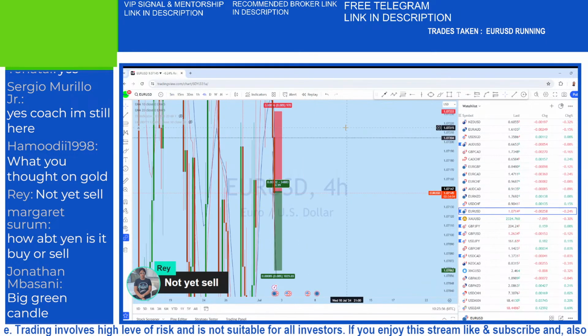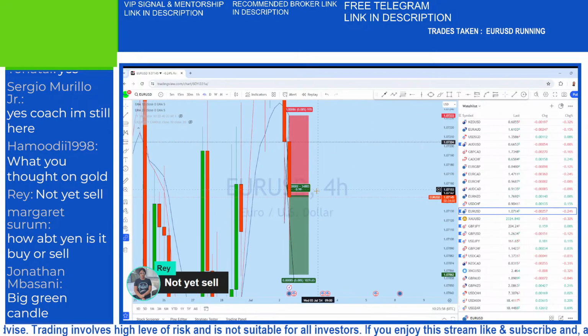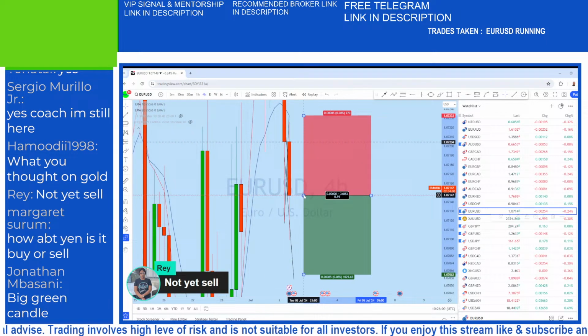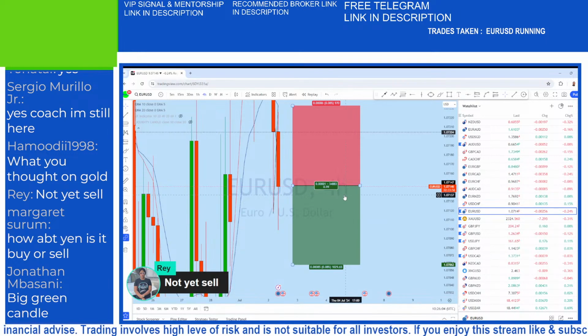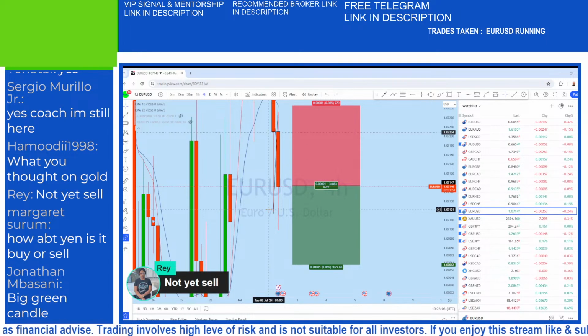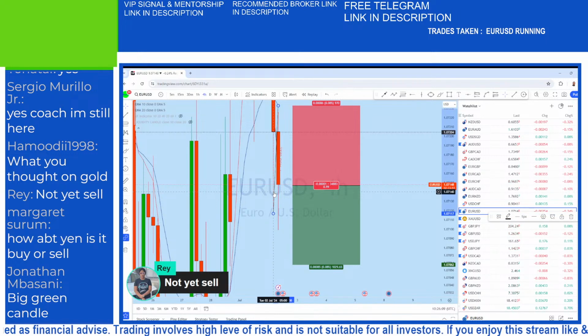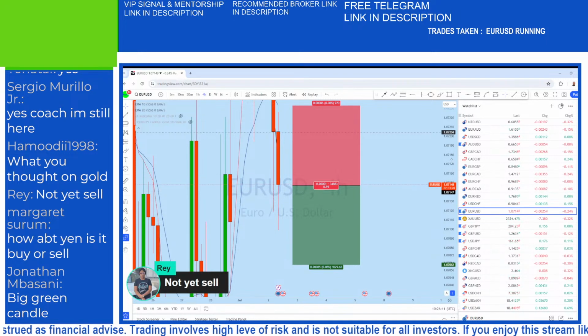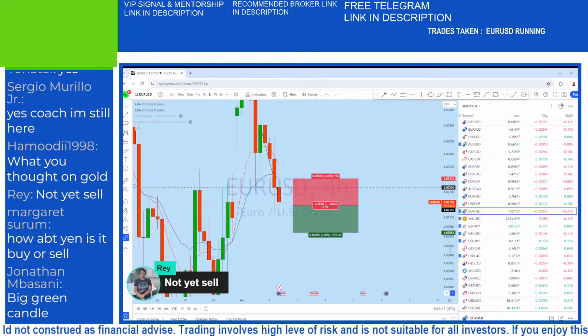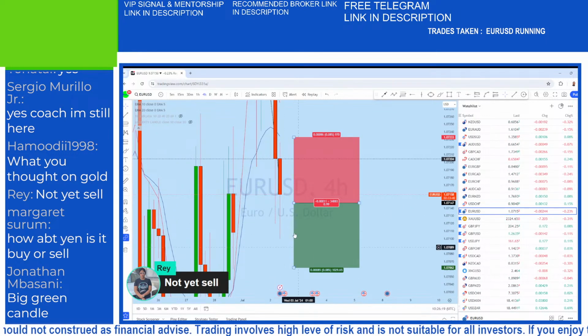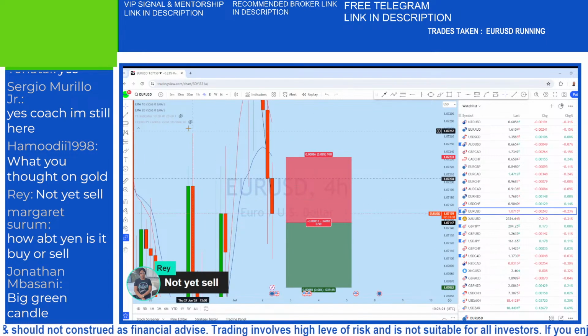Now let's see the 4 hour. We look at the 4 hour where, okay, here, pretty important support and expecting it to drop down further.